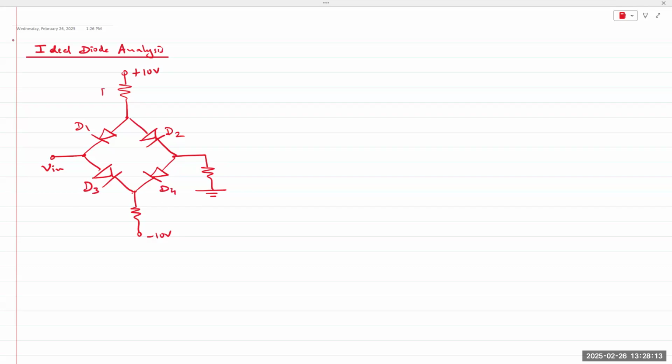All resistors were 1 kilo ohm. We'll name them R1, R2, R3. And then you had V in equal to 0 volts, 2 volts, 6 volts, or 10 volts. You were asked to analyze the circuit using the ideal diode model. Okay, ideal diode model. Do y'all remember this?